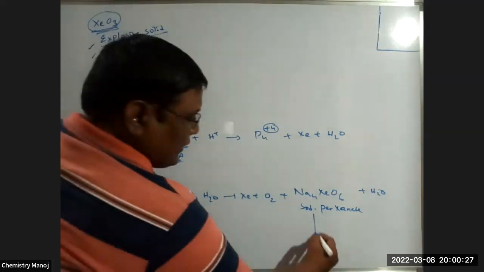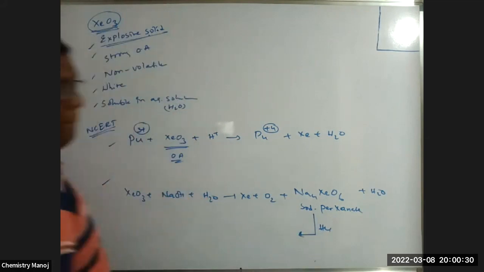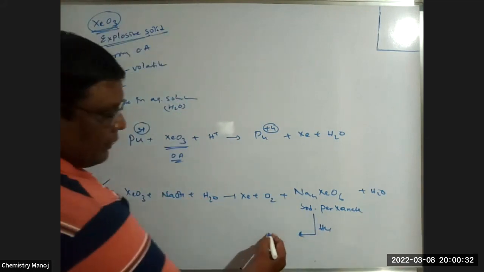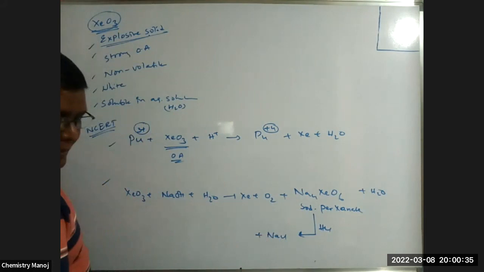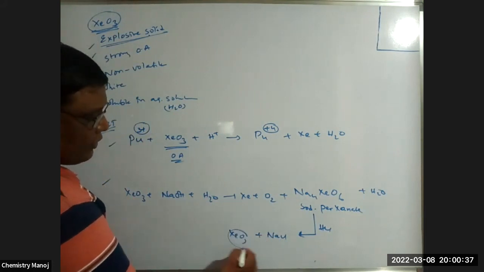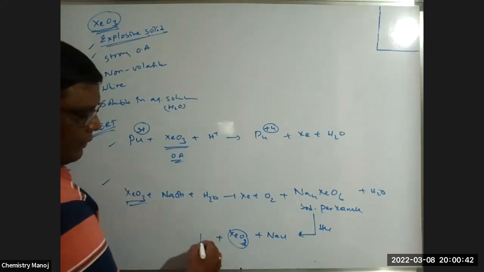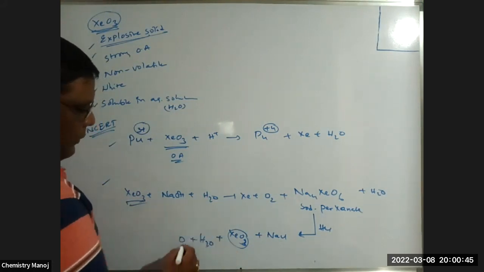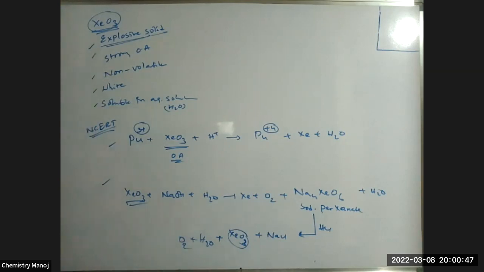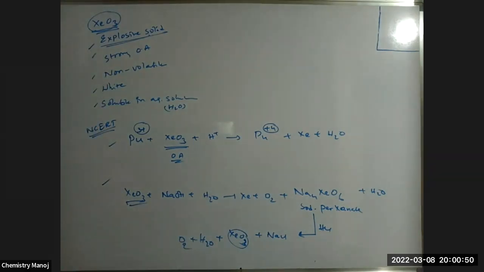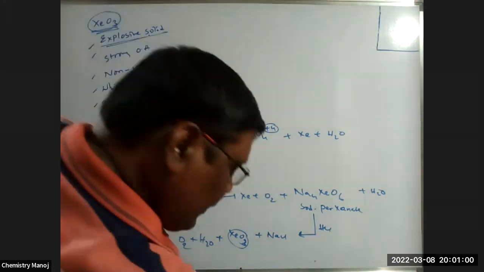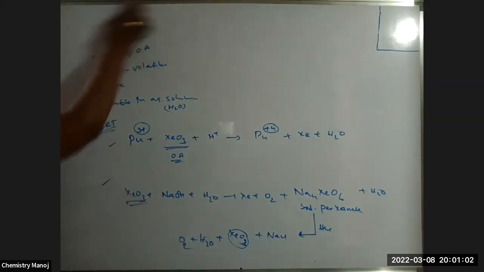If this sodium perxenate reacts with HCl, that gives NaCl plus XeO3. Once again, XeO3 is regenerated. Please be conscious. Plus H2O plus O2. So this is about XeO3. Next and last, XeO4.